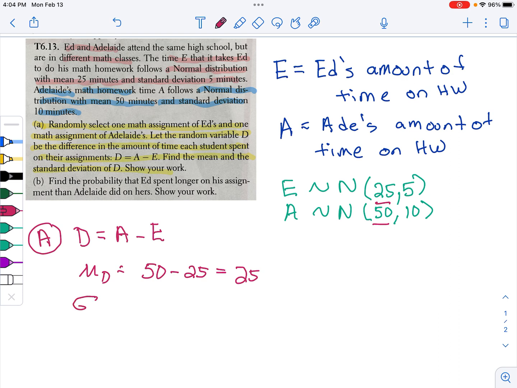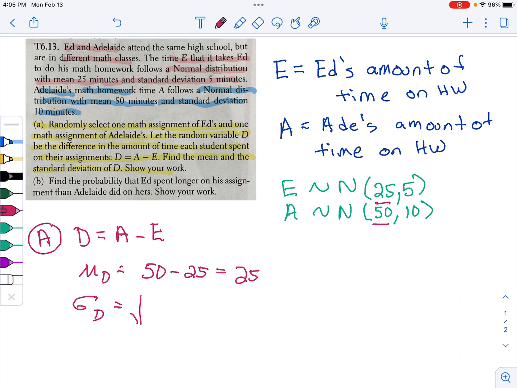Now we want to find the standard deviation of D. When we have two random variables and we take the difference, we are still going to get a standard deviation that is larger. So we never subtract the standard deviations. We always add them because we're going to have more variability.